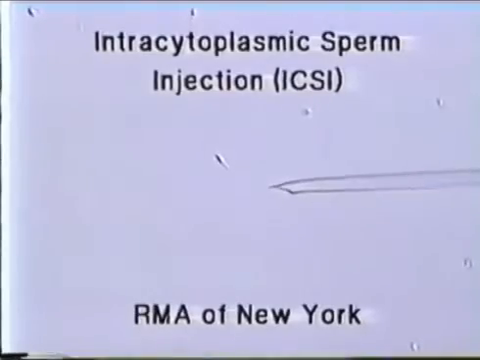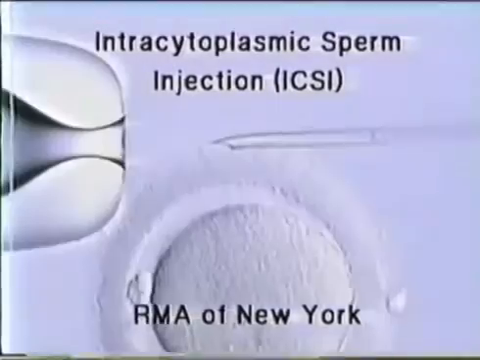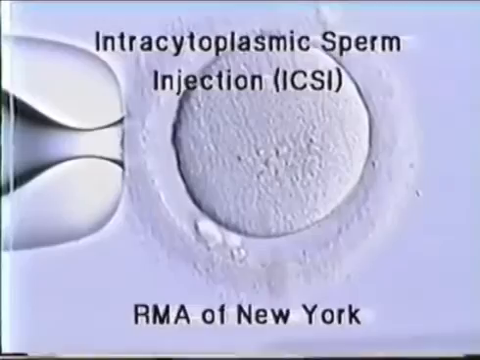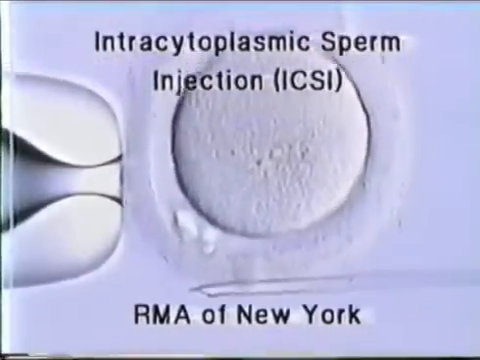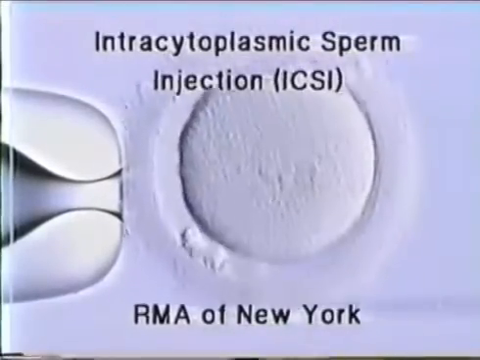The sperm is then picked up inside the needle, and after alignment of the egg on a holding pipette on the left side, the needle is carefully inserted into the egg and the single sperm is deposited.